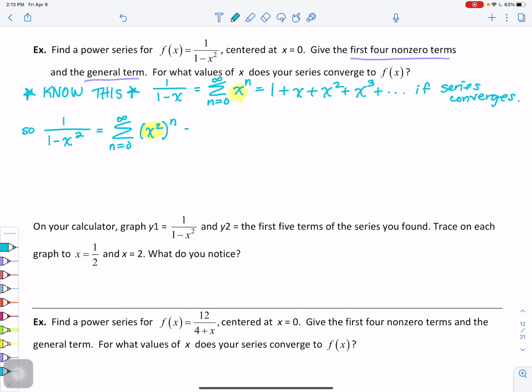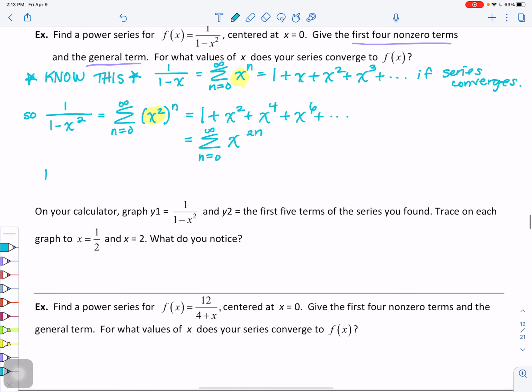And we could say that that's equal to 1 plus x squared plus x to the 4th plus x to the 6th, and so on and so forth. And this is actually equal to the sum n equals 0 to infinity, x to the 2n. Because it looks just like that.